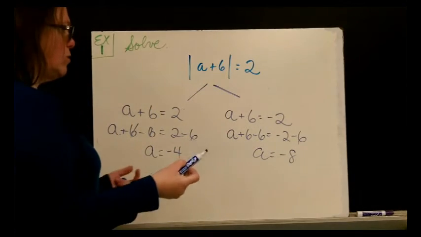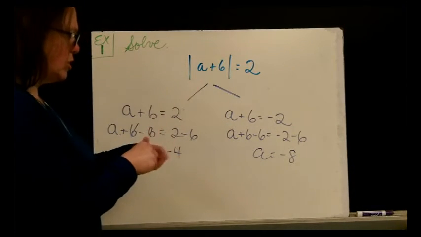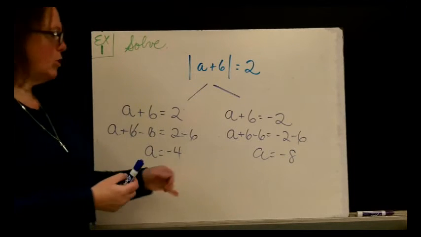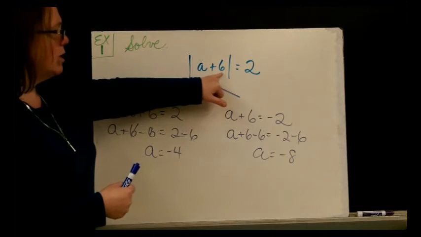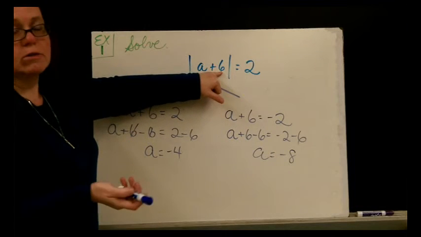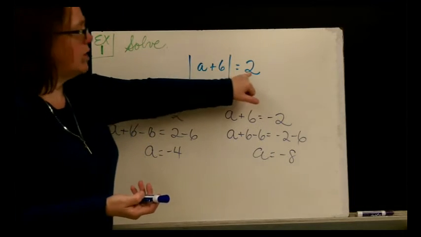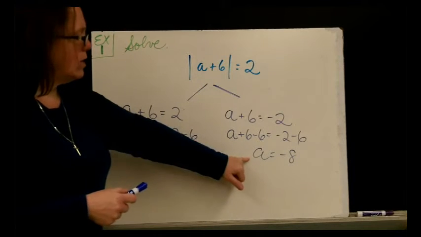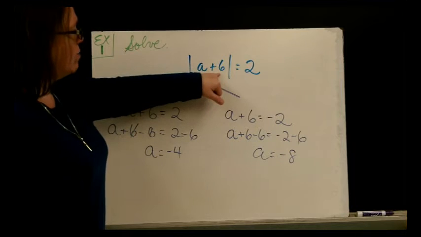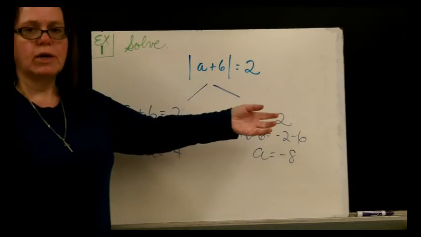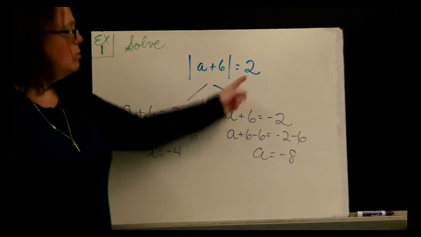So these are the 2 values of a in this expression. And if you wanted to check your answer, you could. When a is negative 4, negative 4 and positive 6 give us a positive 2, which has an absolute value of 2. And when a is equal to negative 8, negative 8 and positive 6 make a negative 2, and the absolute value of negative 2 is 2.